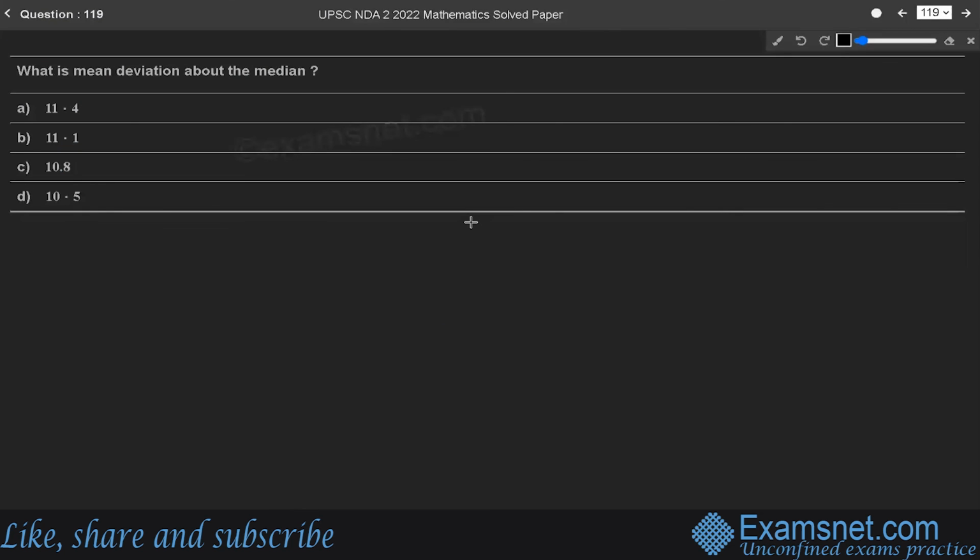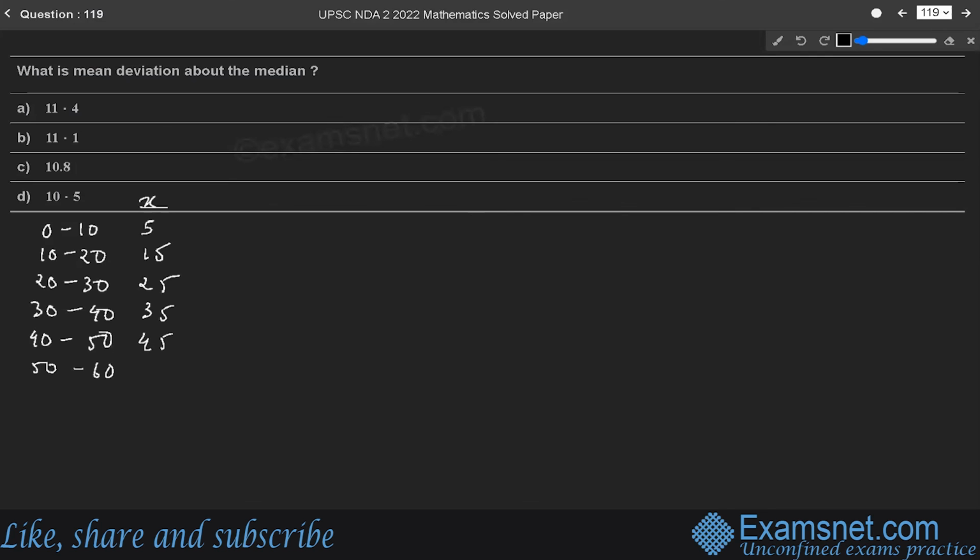The next question also has the same directions. From the previous question, class intervals were given: 0 to 10, 10 to 20, 20 to 30, 30 to 40, 40 to 50, and 50 to 60. The class mark, which is x, will be 5, 15, 25, 35, 45, and 55.